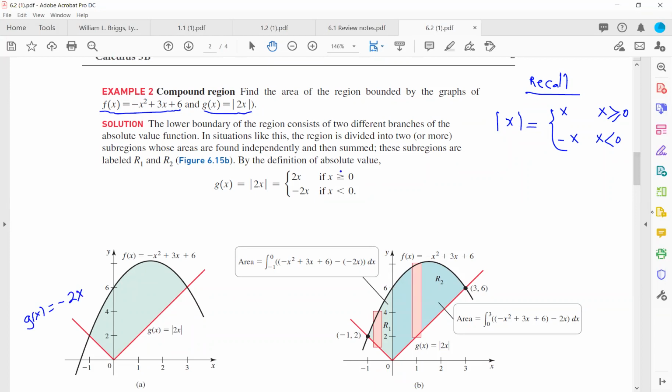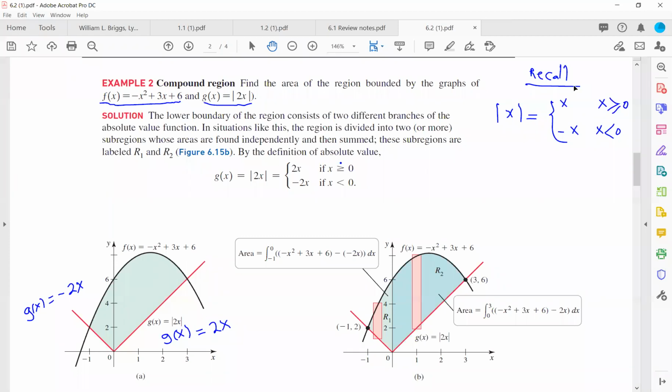On the right-hand side, you have g of x equals positive 2x. This is the region bounded between these two functions, and we're looking for our a and our b.